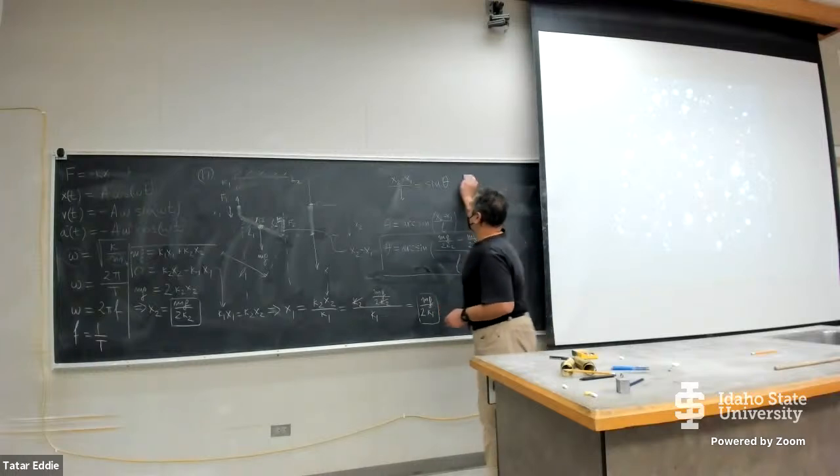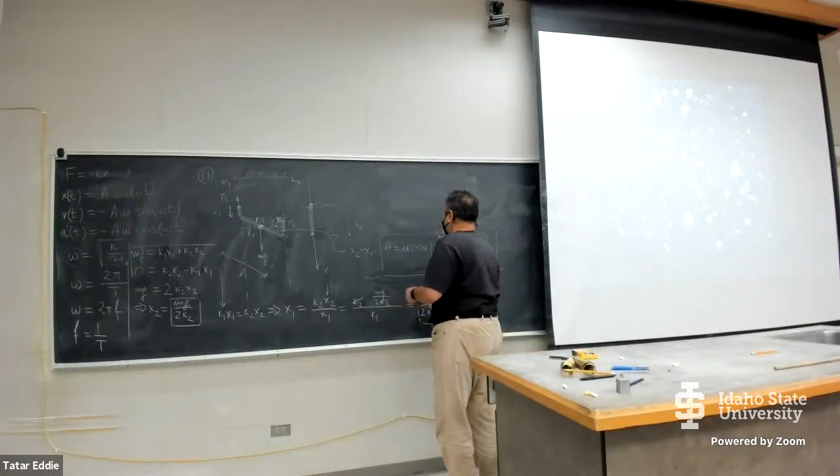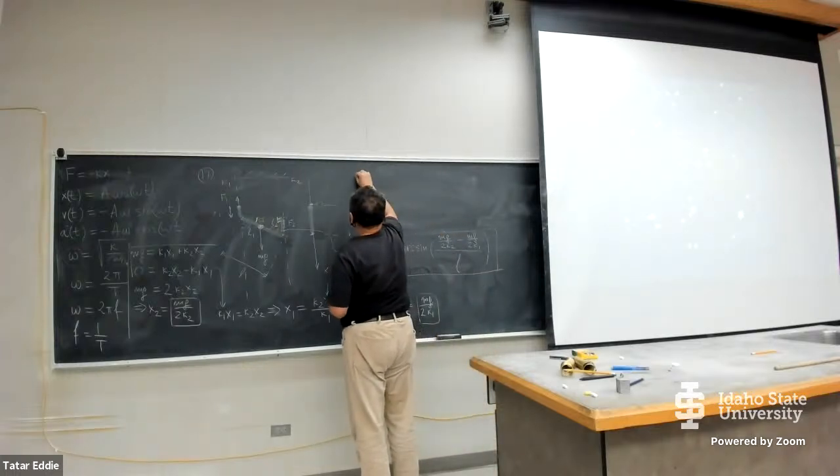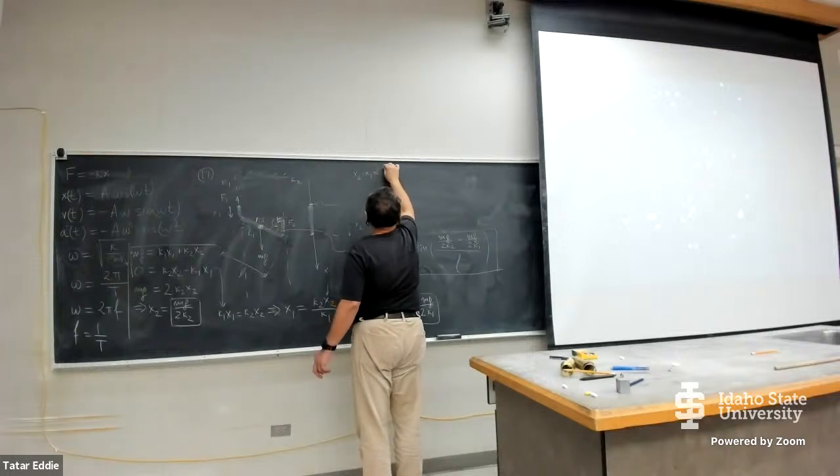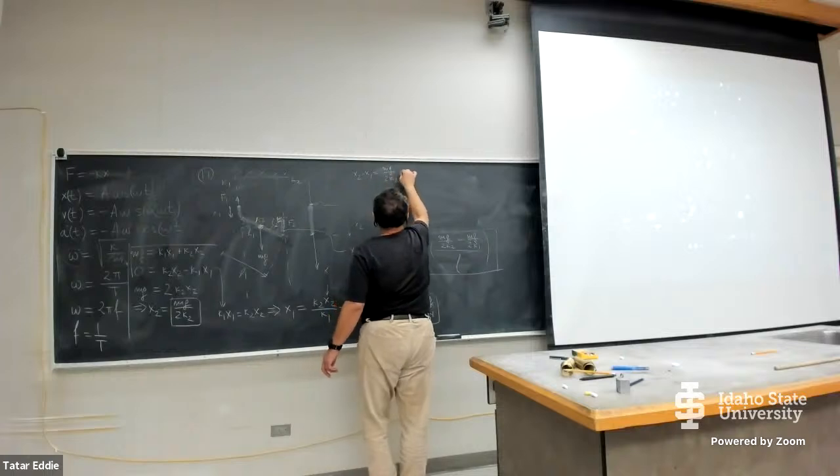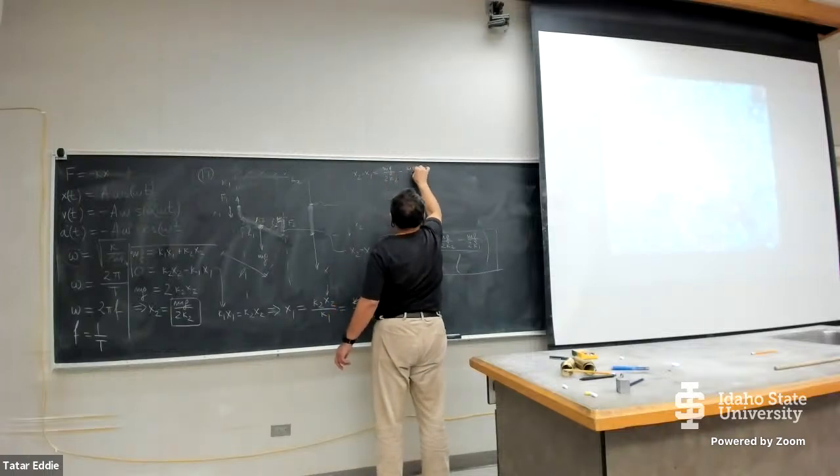I can do it somewhere, maybe right here. So x2 minus x1 was equal to mg divided by 2 times k2 minus mg divided by 2 times k1.